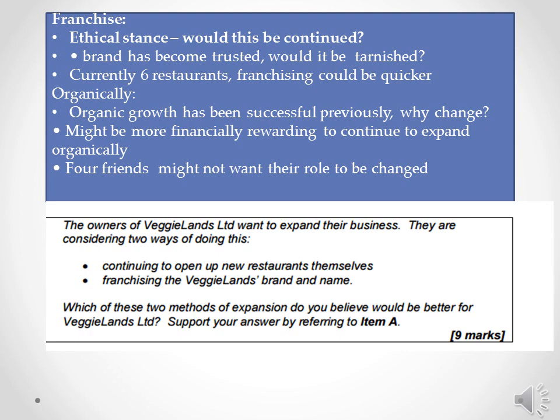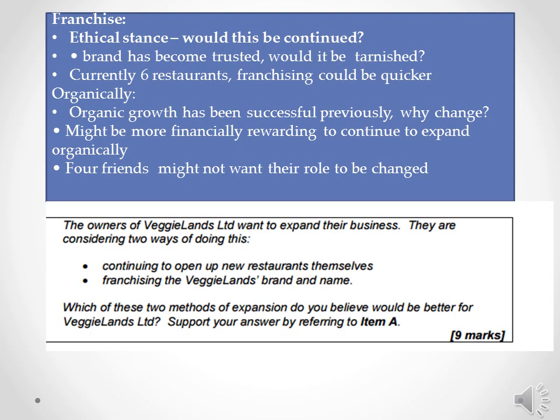So which of these 2 methods of expansion do you believe would be better for Veggie Land Limited? It's not looking at expansion generally. The previous question wasn't looking at the benefits of being ethical generally. It was focused upon this given company. So within there, you've got to then link it back to the case study.